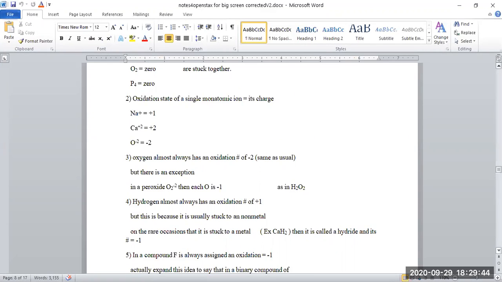Peroxides, which are actually kind of rare. We saw them just a little smidge in nomenclature. They pop up again here just a little bit. If you have a peroxide, O2 -2, each oxygen is only worth -1.